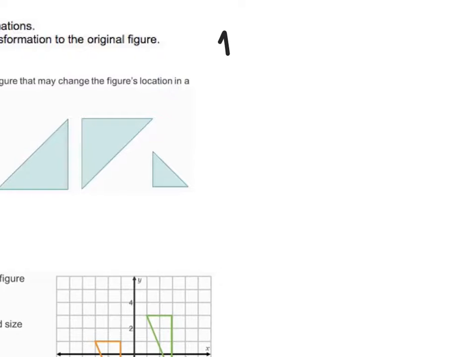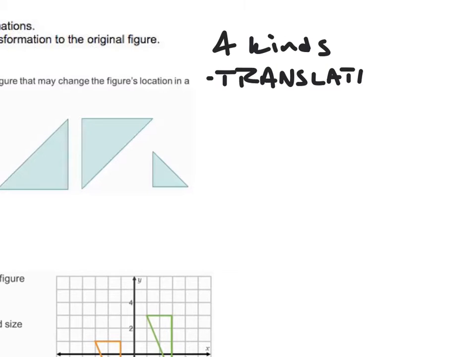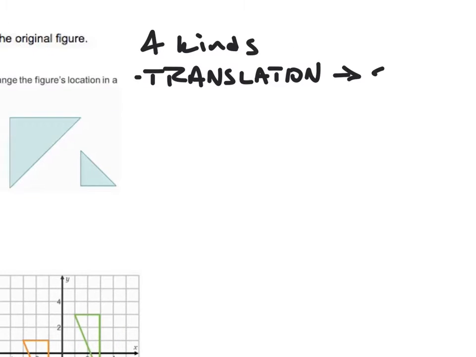We've got four kinds, all right? So four kinds. We have what's called a translation, all right? And a translation is a slide, okay? And I'll talk more about all of these here in a minute. The next one we have is a reflection.